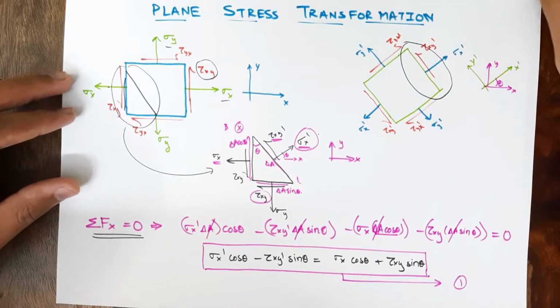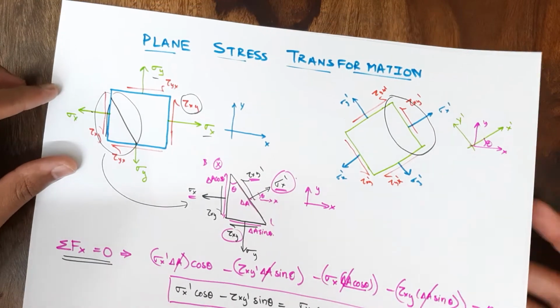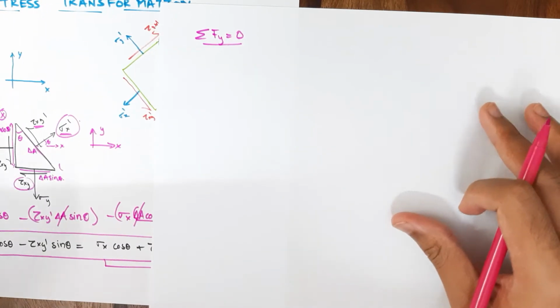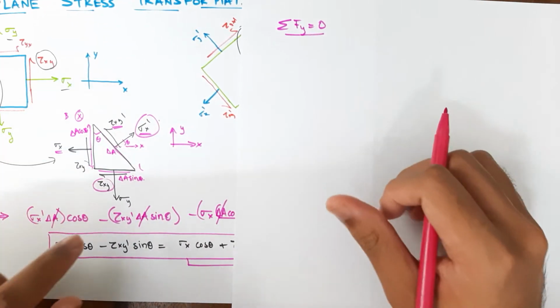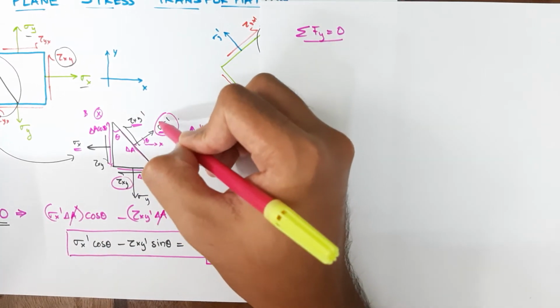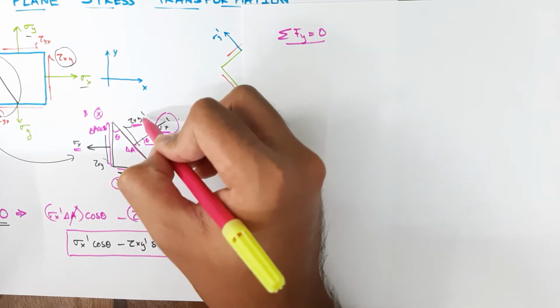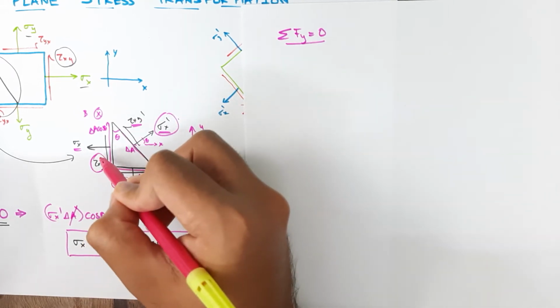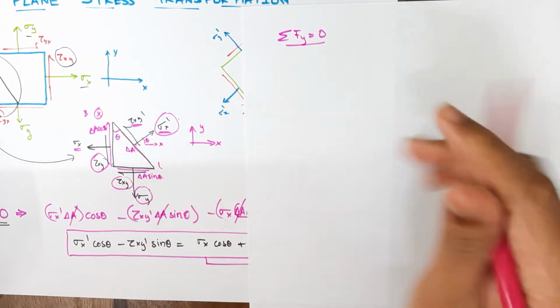Similarly, we can do force equilibrium in the y direction. So that is going to look like sum of Fy is equal to 0. So you can see the component of sigma x dash in y direction, tau xy dash in y direction, this tau xy in the y direction, and sigma y.